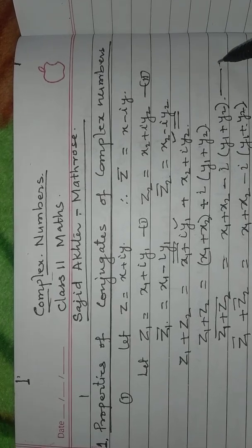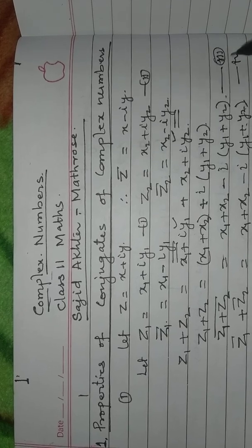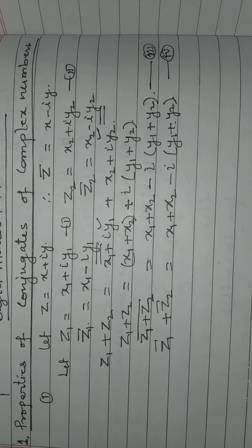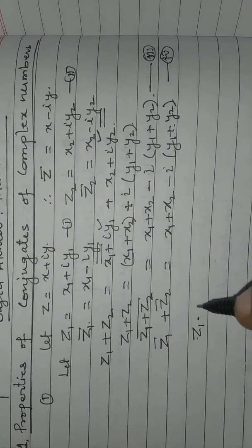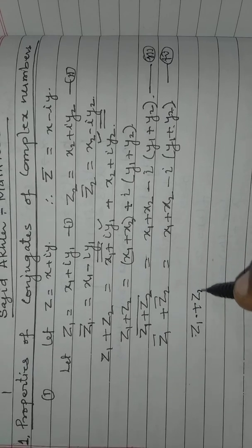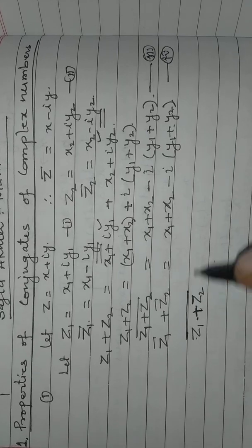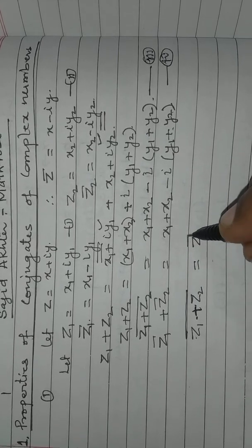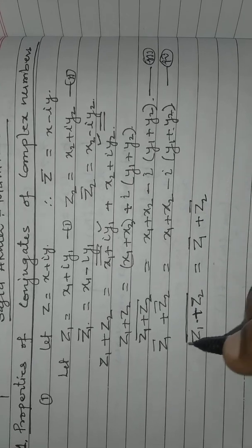So from these two equations, suppose 3 and 4, we see that the conjugate of the sum of the two complex numbers is equal to the conjugate of the first complex number plus the conjugate of the second complex number.